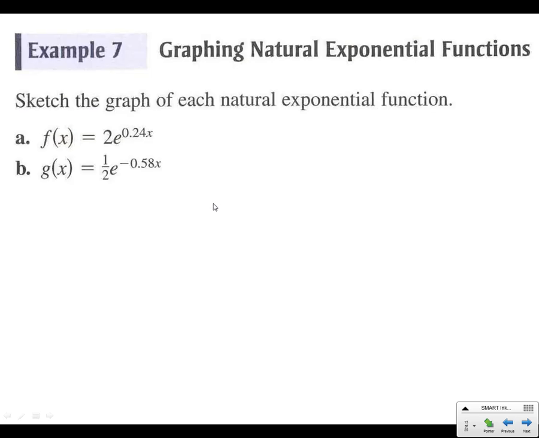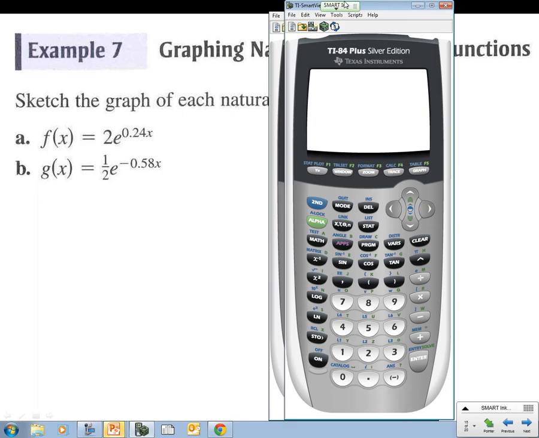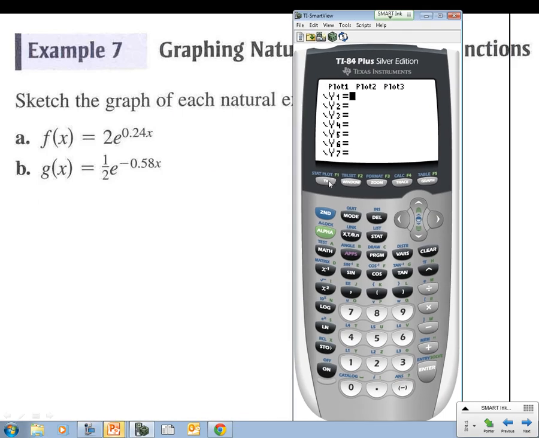Okay, so now we need to be able to sketch the graph of each natural exponential function. So 2 times e to the 0.24x. Let me just grab the graphing calculator and I'll put up what the graphs should look like. So y equals, let's go find e. It's down here right above the natural log. So second ln.